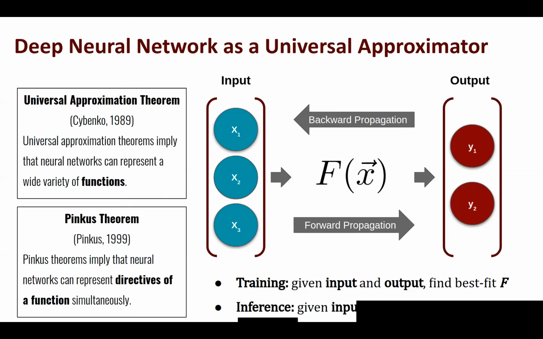On the other side, Pinkus's theorem tells us that not only the numerical values could be approximated, but also the derivatives could be approximated at the same time. That's very important, because when you're doing scientific machine learning, you are dealing with derivatives a lot. Almost all the physical laws described with partial differential equations are mostly concerned with derivatives, sometimes even high order derivatives.